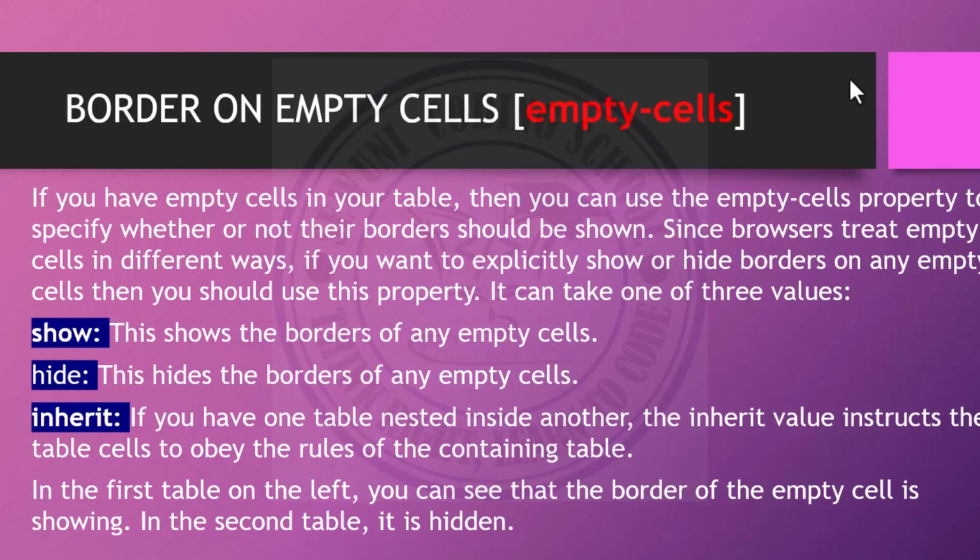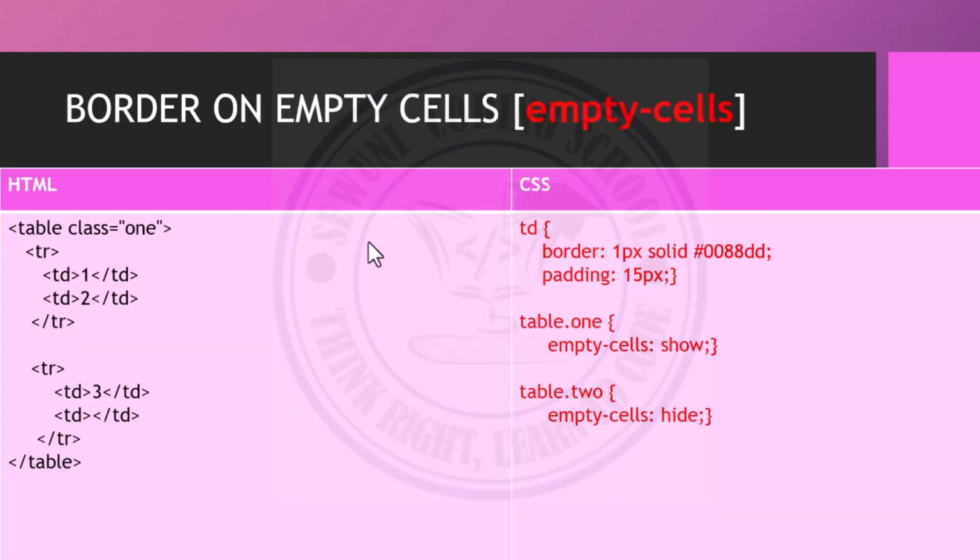So it's just going to inherit the properties of the other table, let's say the mother table. I'm going to show you an example, and in the example you are going to see the border of the empty cell is showing and the other one it is hidden. So let me show you the code first of all. Now this is what I'm going to show you.